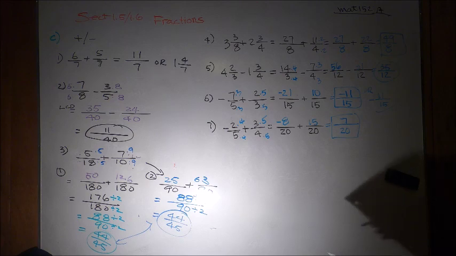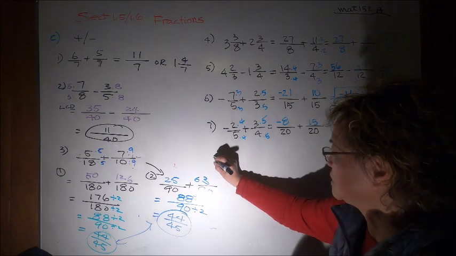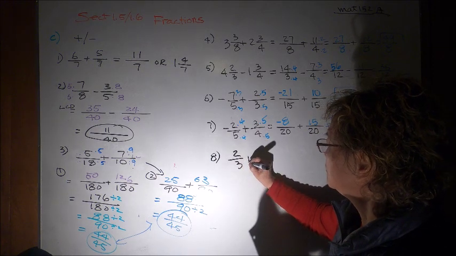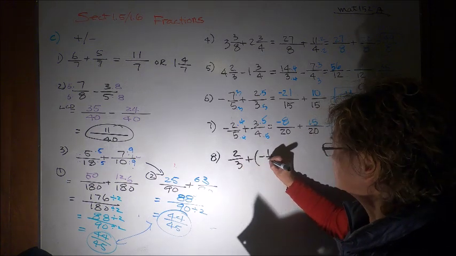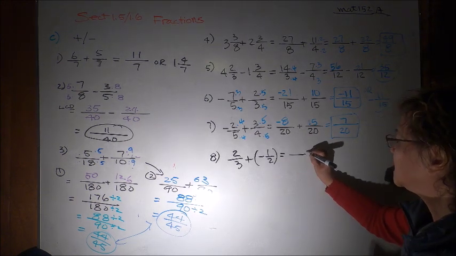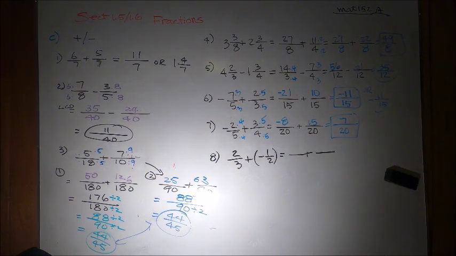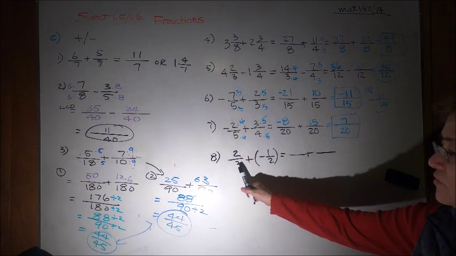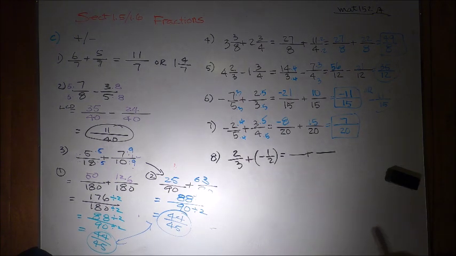We are reviewing what? Fractions. How to add and subtract your fractions. And at the same time, you will take care of your signs, right? Next one, 2/3 plus negative 1/2.